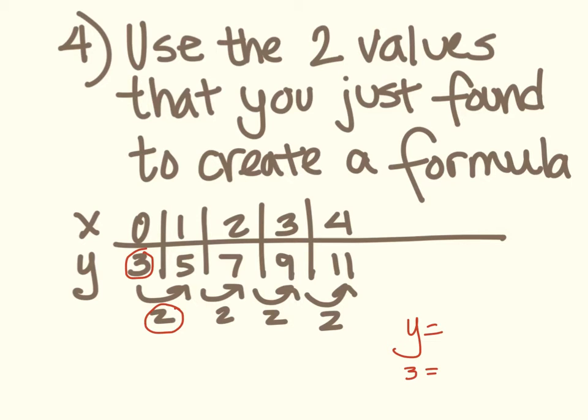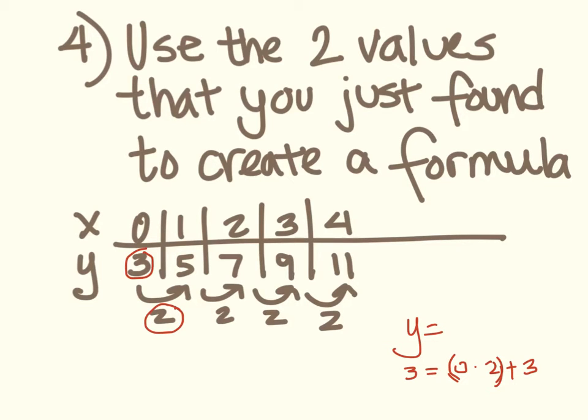Well, I could multiply x, that's 0, times 2, and then add the 3, would get me 3. So 0 times 2, so order of operations, you do this first. 0 times 2 is 0. Add a 3, I get 3.